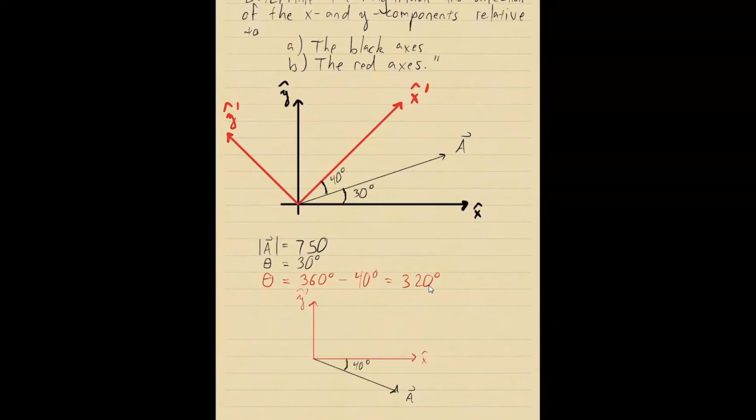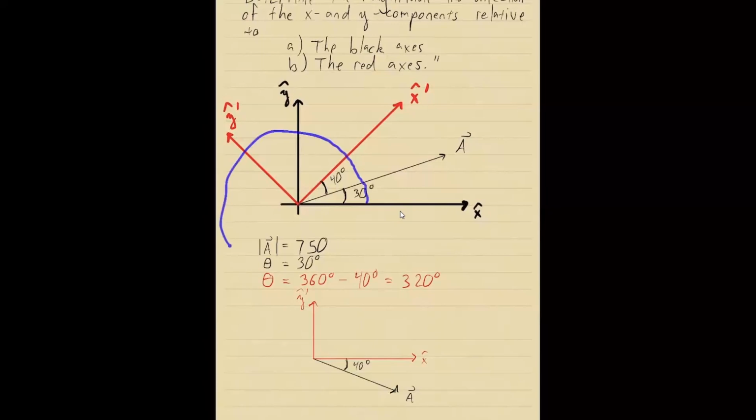So I've slipped in a convention when dealing with angles, and the convention is this. If you're counting an angle from a particular axis, starting at the positive x-axis, and you go counterclockwise, then the angle that you count up is positive.